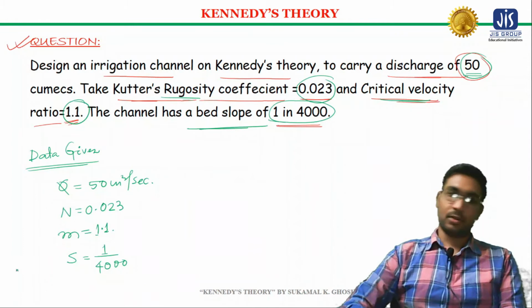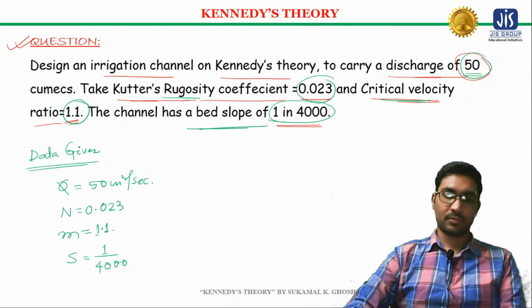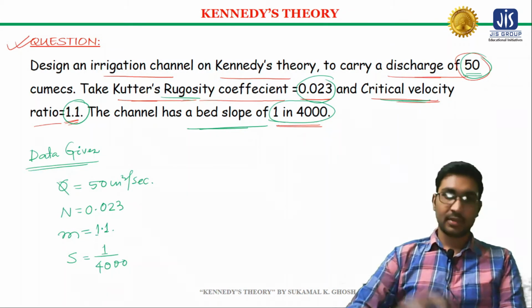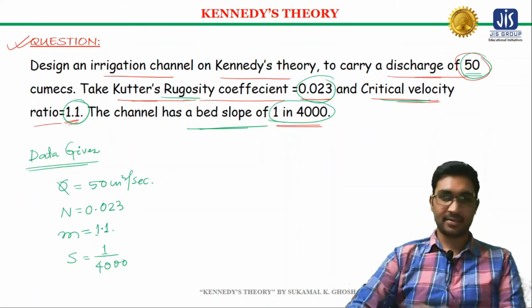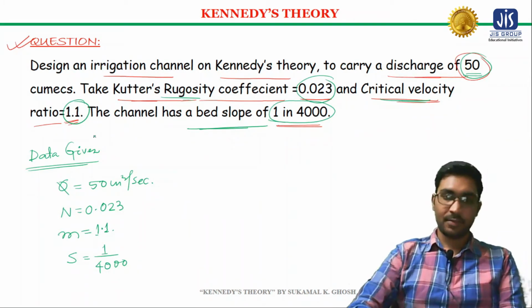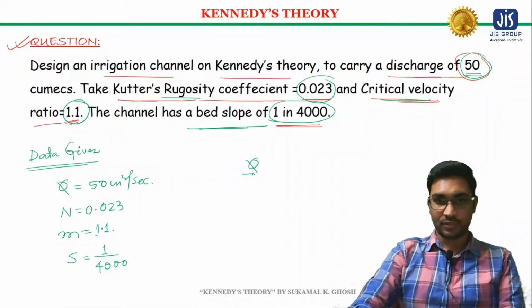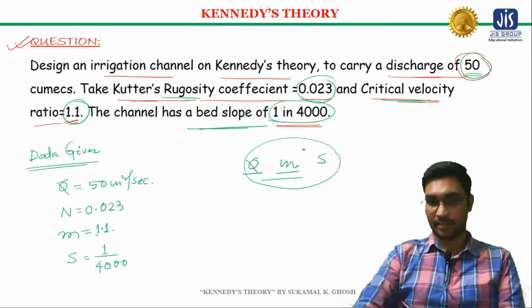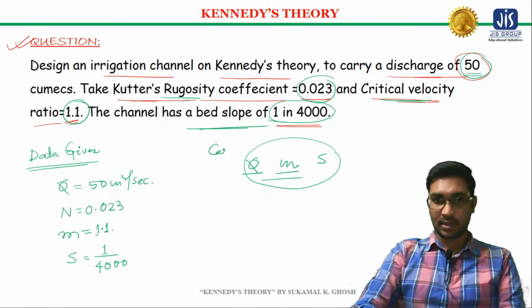If you recall our last video, we discussed that in Kennedy's theory we can have two cases. In the first case, we may have data of discharge, CVR (critical velocity ratio), and the slope, and we are asked to design an irrigation channel. This was our case 1.